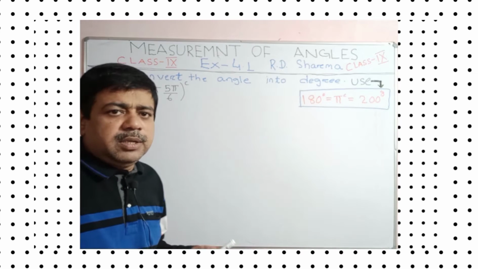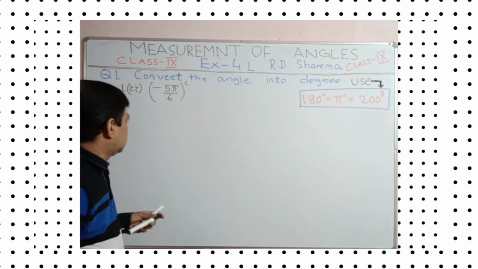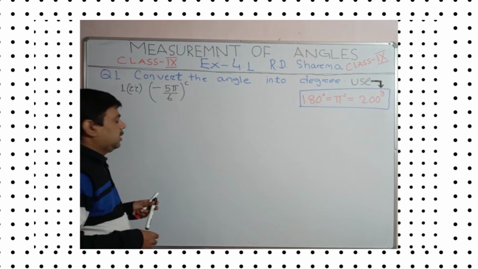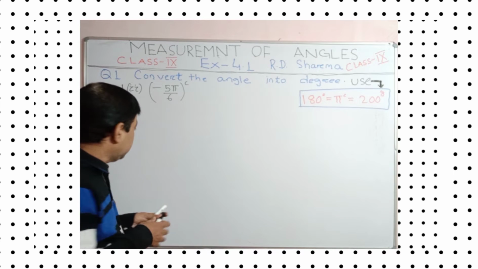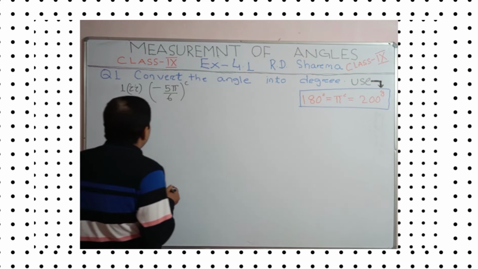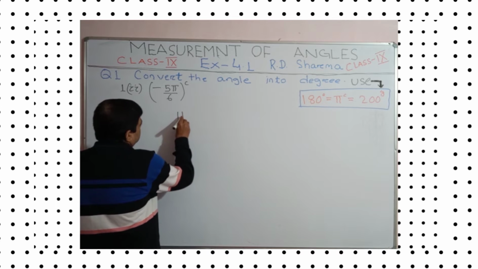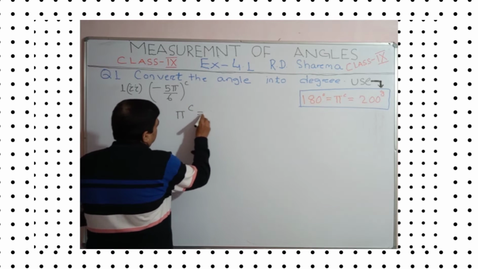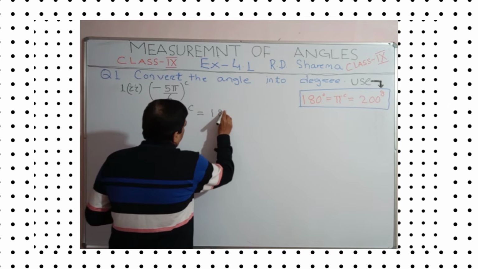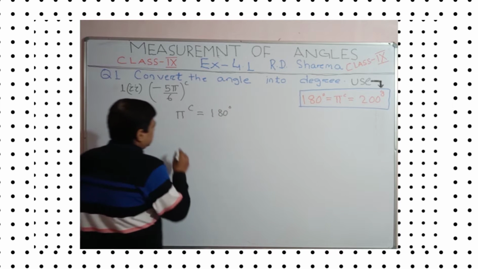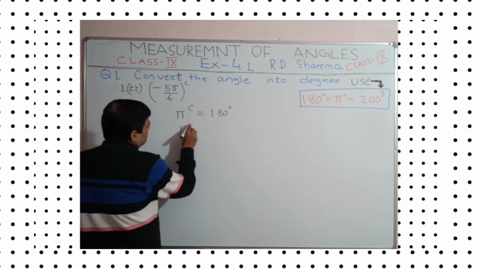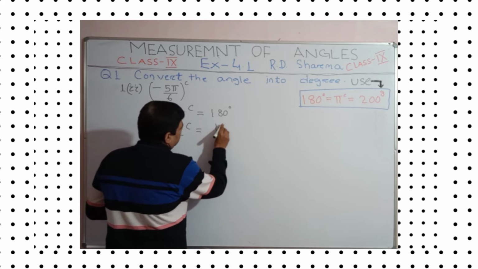Okay, question number 1, second part. Here the question is given minus 5 pi by 6 radian. We are going to convert into degree, similar process. You know here pi radian is equal to how much degree? 180 degree. And 1 radian is how much? 180 divided by pi.